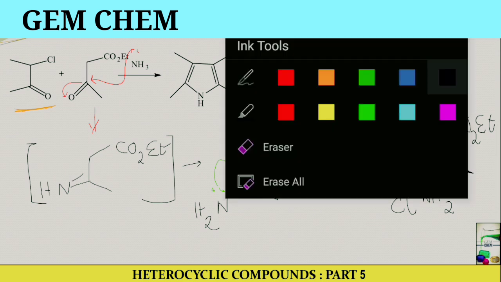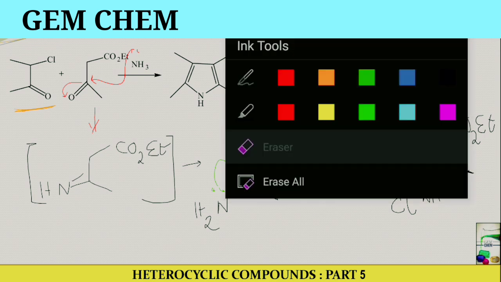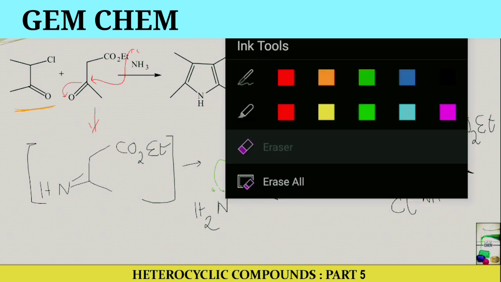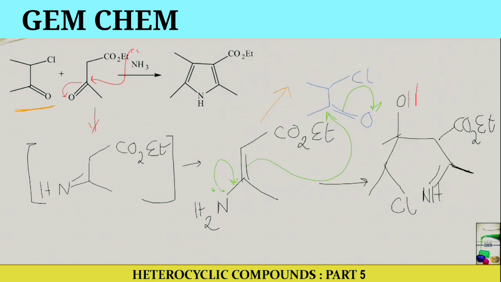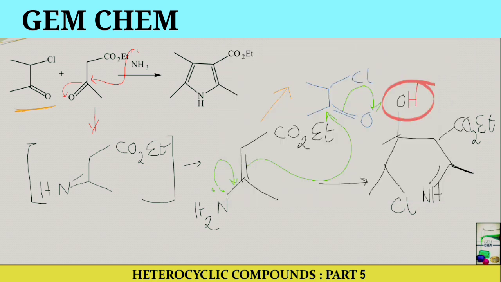Now this hydrogen shifts to the oxygen. So instead of O minus and NH2, we obtain OH and only NH. Now this OH will be protonated.